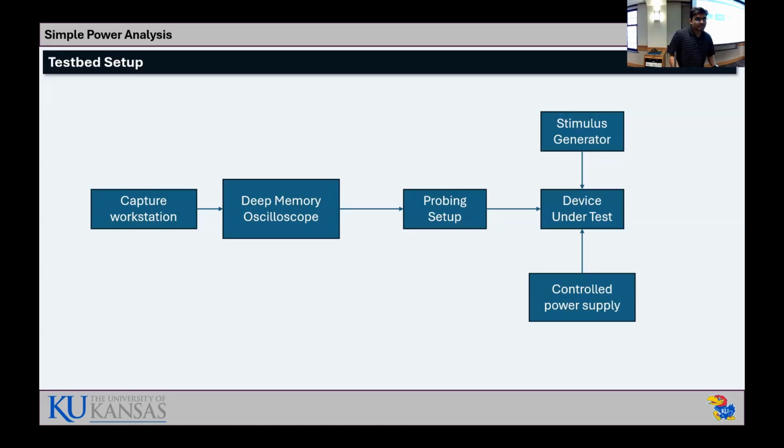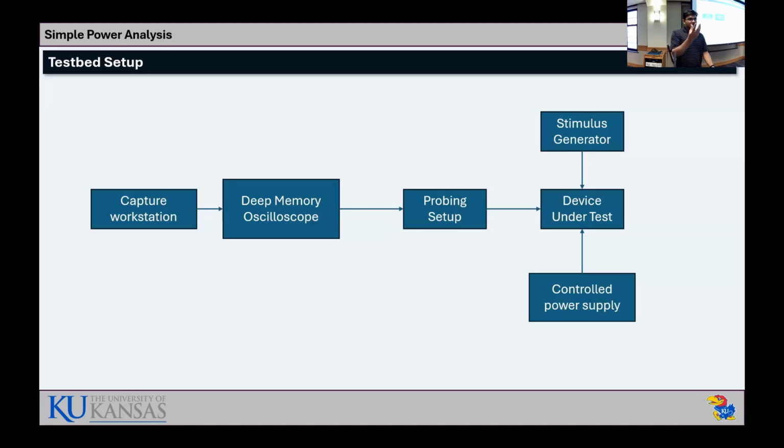And a deep memory oscilloscope, because if you are executing a big chunk of instructions and want to capture that, your oscilloscope should be capable enough to store all the traces with a lot of sampling points. That's why we need a deep memory oscilloscope here. Then we need a probing setup.